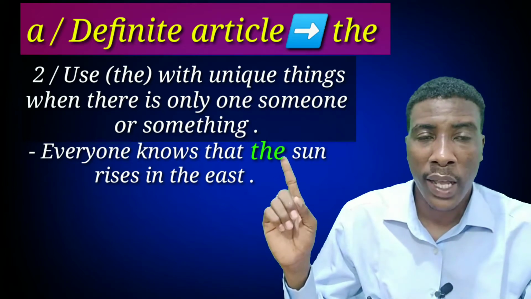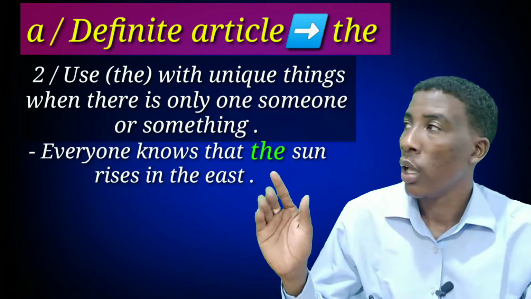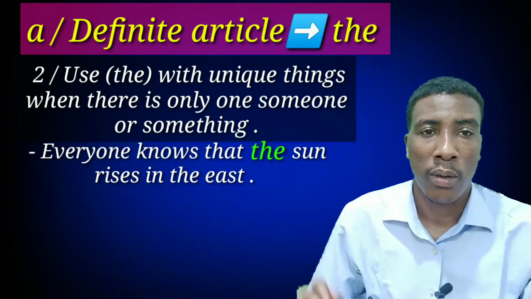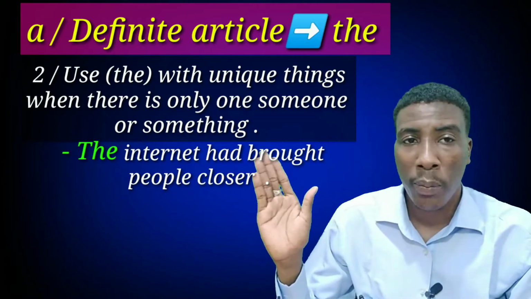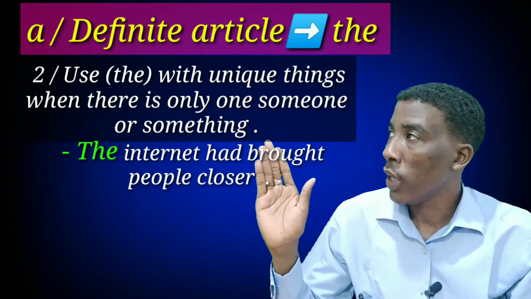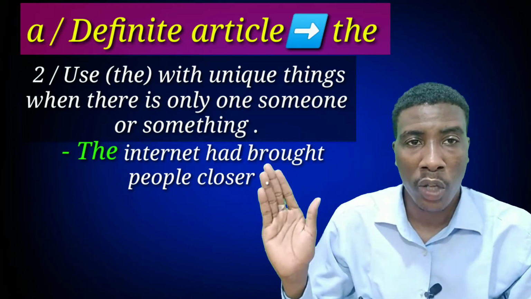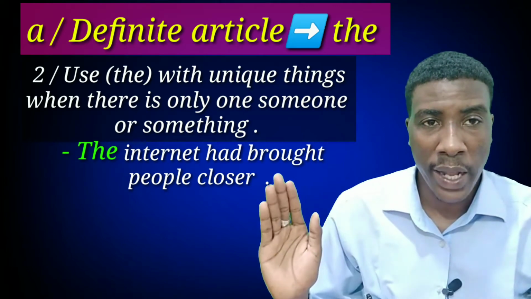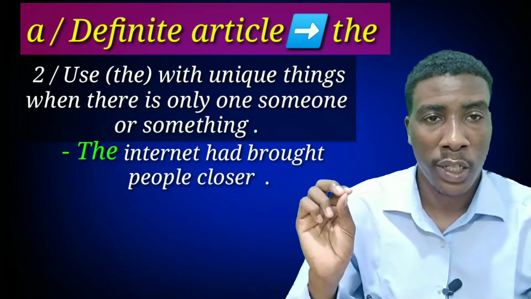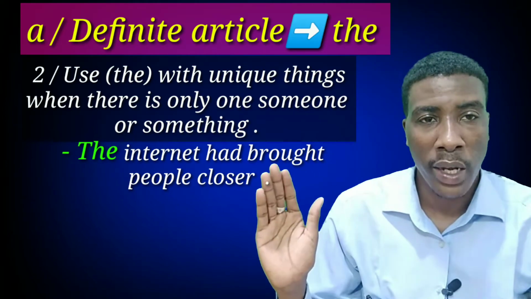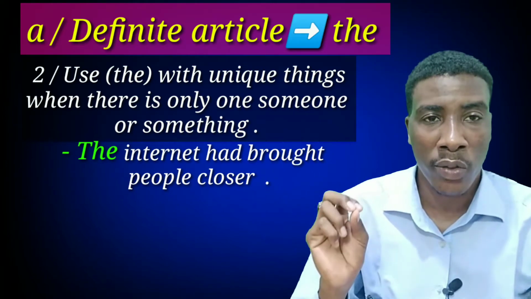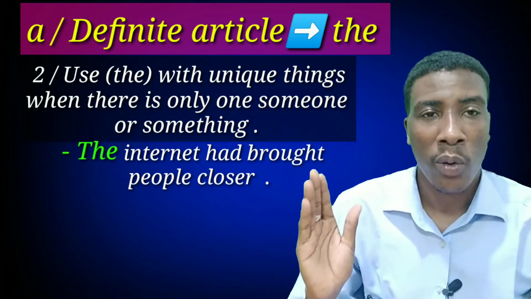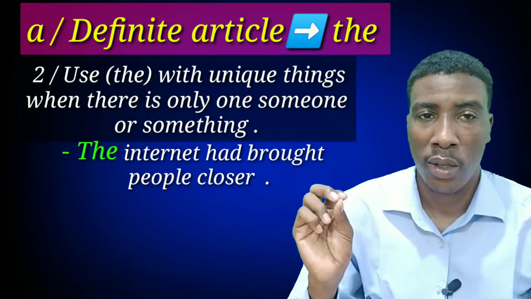Everyone knows that the sun rises in the east. The internet has brought people closer. So in these examples, the sun is unique, and before sun there is the, and the is an article, and we use the with unique things.